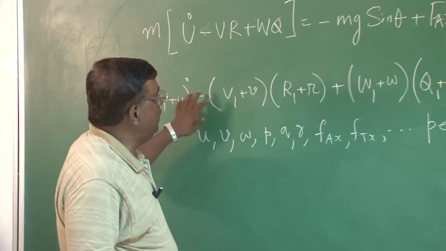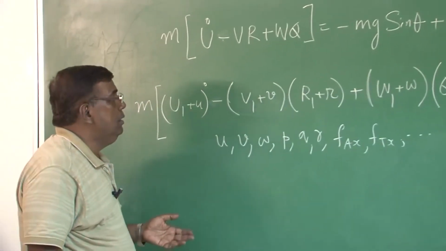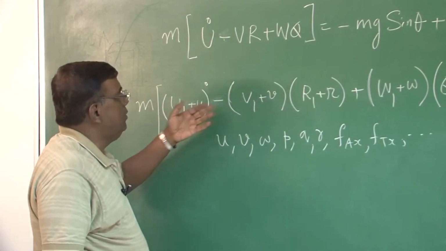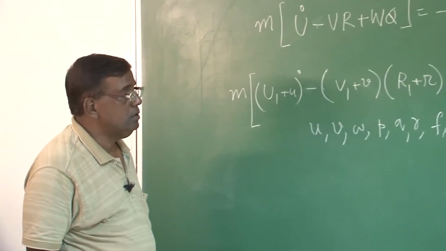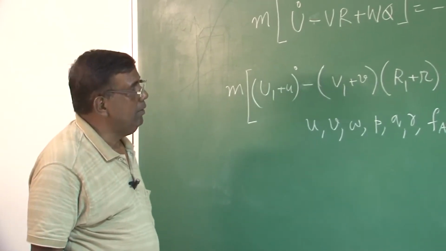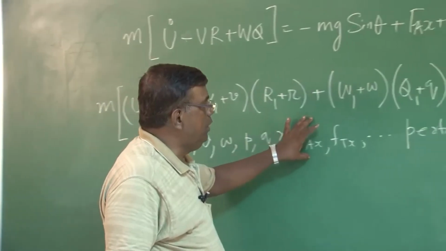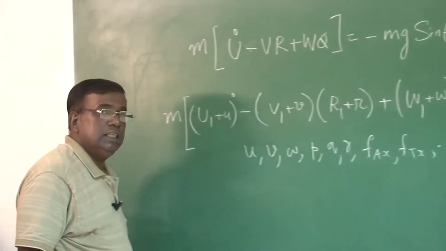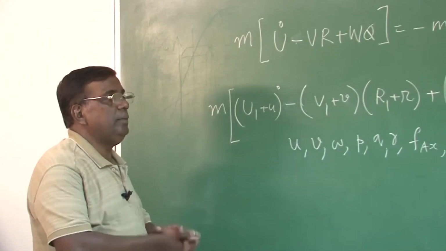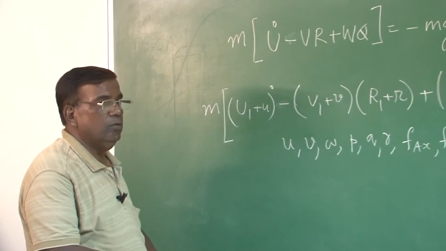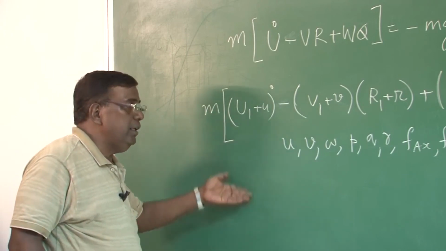We also tried to understand how we should think in terms of developing perturbed equations of motion by giving a disturbance about steady state, and we will write this equation because finally we want perturbed equations of motion to analyze the dynamic stability of the airplane, and our focus will be monitoring how these quantities are changing. Once we do that, we will be able to develop equations of motion at our own will, and my next lecture will be on how to mathematically proceed.